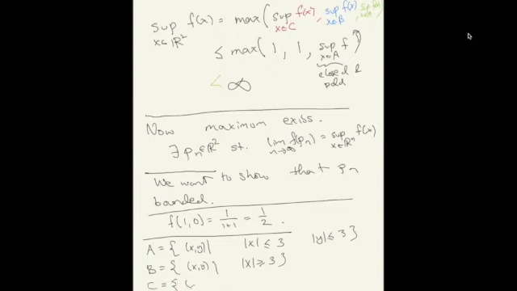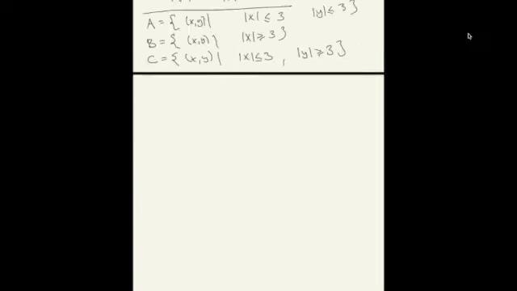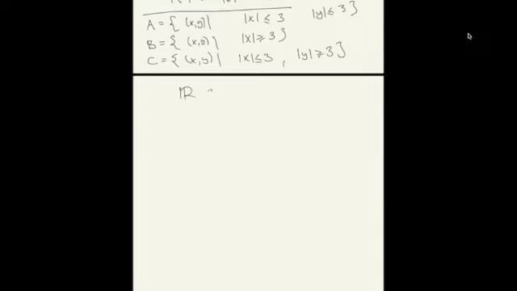And C is what remains, so the absolute value of x is less than or equal to 3, but the absolute value of y is bigger than or equal to 3. Again, R2 is the union of A, B, and C, because every point satisfies one of these combinations of inequalities.